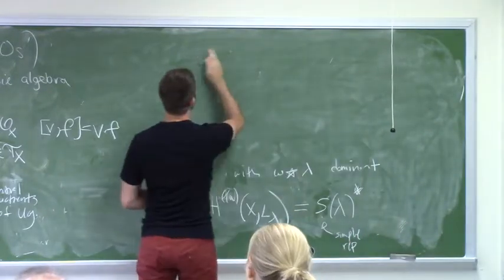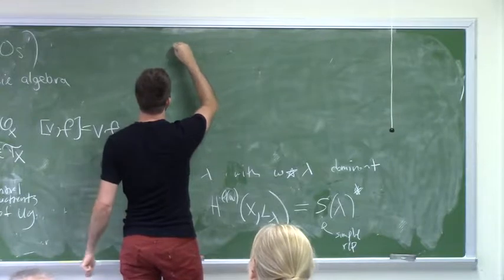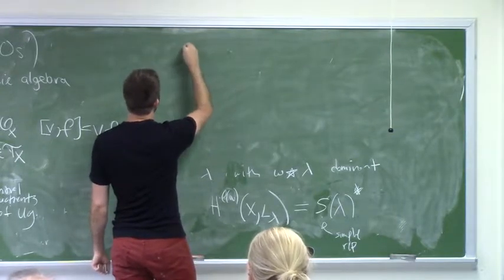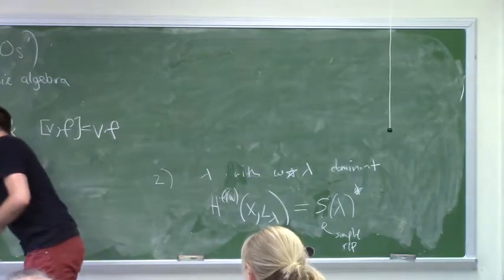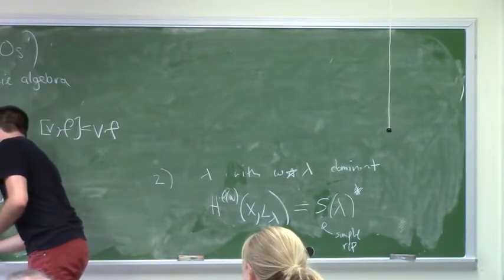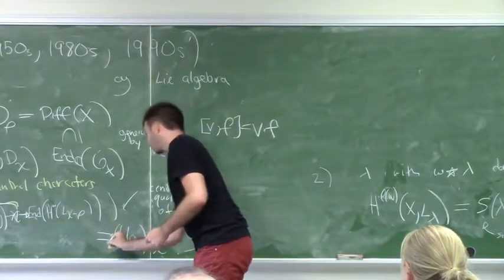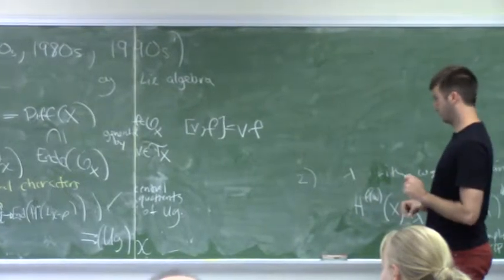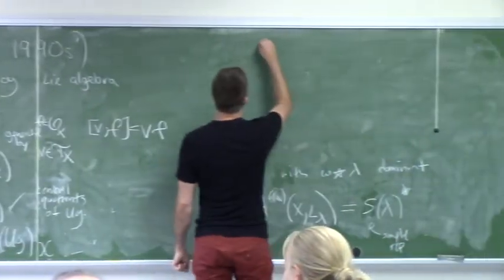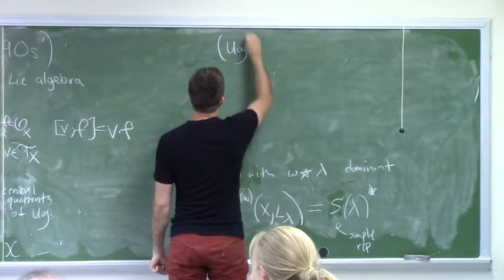So the first bit of the theorem is that now you have a map. Sorry, let me give this thing a name. Let me call this thing U_G chi, the quotient. So U_G chi is Gamma(X, D_X) over chi.